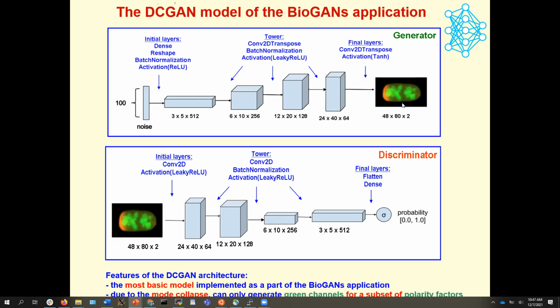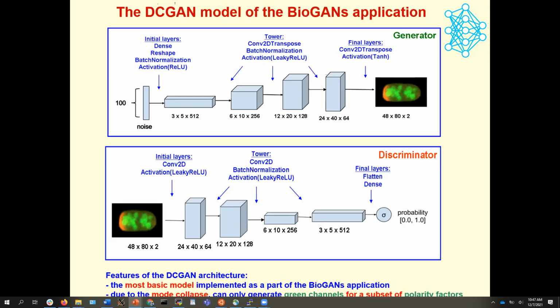But then what will the green channel include, which protein in this case? It will be basically random. If you train this network on all available data, and then do generation, it will basically pick at random whatever polarity factor is available and will generate an image with that polarity factor.